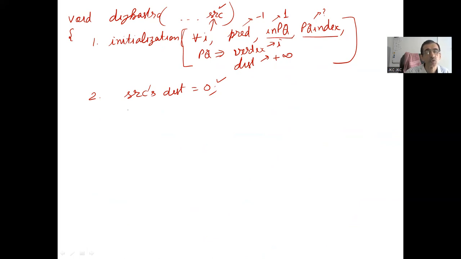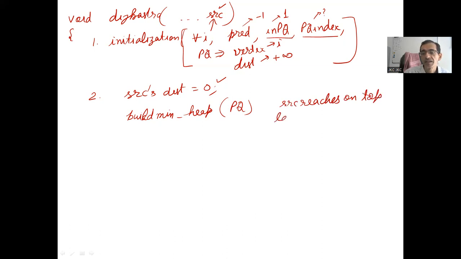So what I need to do? Now after this, my all vertices are in PQ. So effectively, I have to build heap first so that source reaches on the top. So I have to do build min heap, and accordingly that PQ will be converted to the heap so that my source reaches on the top initially, and later the selected vertex will be always used.